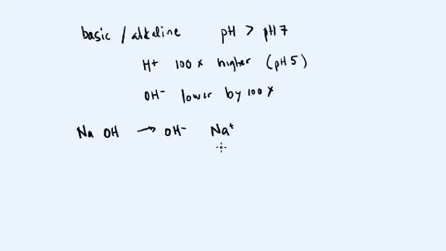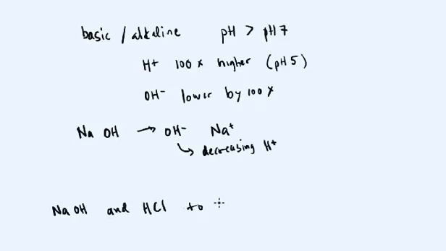Na plus will be the sodium ion that freely floats around. This is going to have the effect of decreasing H plus, and it does so in this almost perfectly symmetrical way. If you were to add equal concentrations of NaOH and HCl to pure water, what would happen?